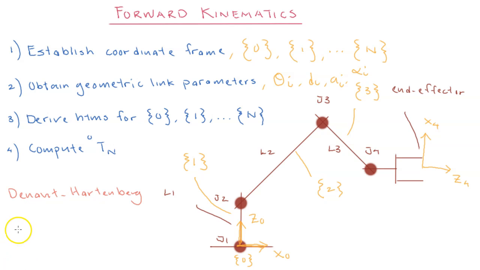So you know that Tn0 is simply equal to multiplying T10, T21 and so on up to Tn minus 1 n.